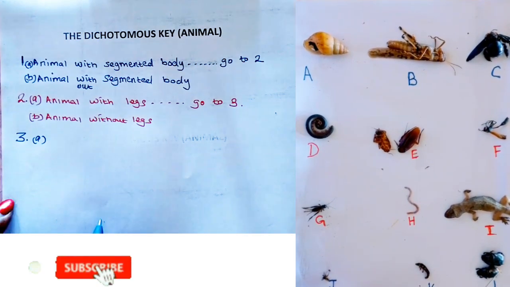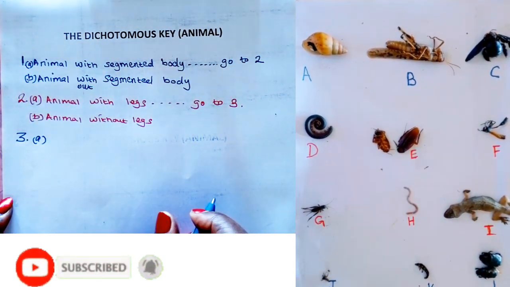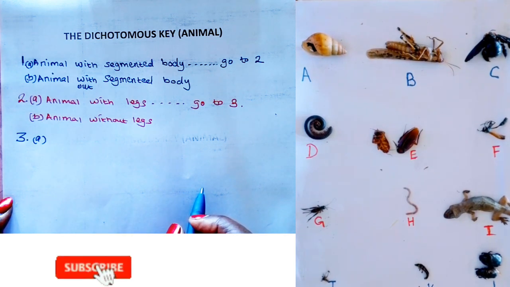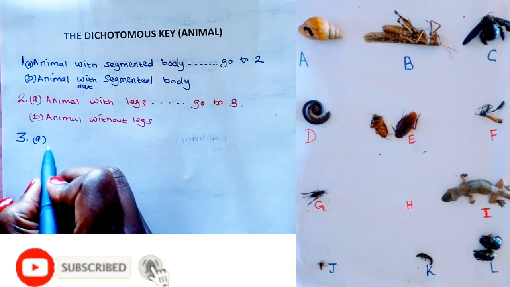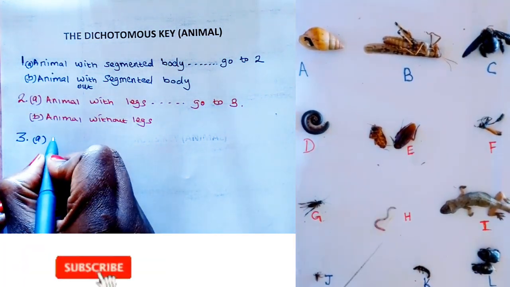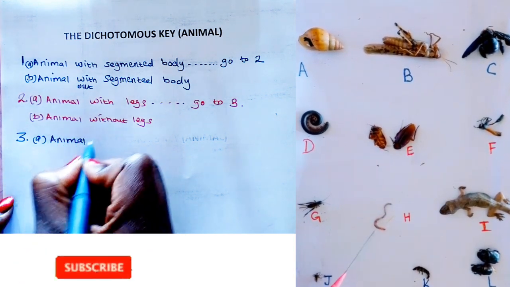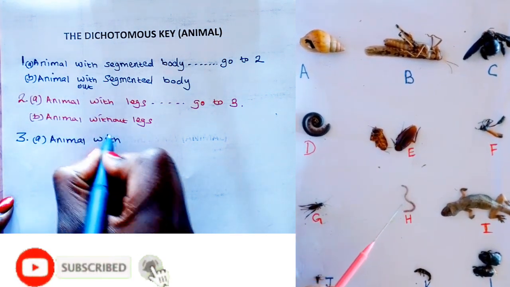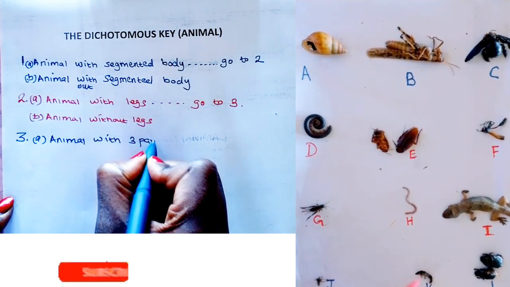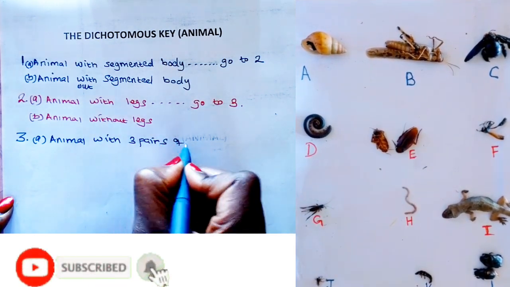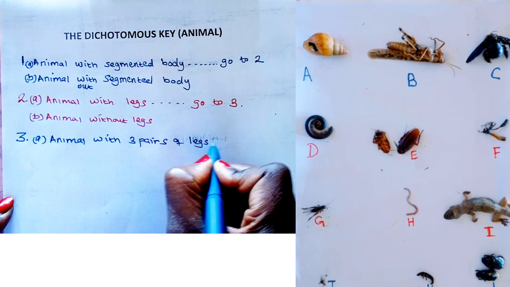Yeah. So we'll deal with that later. So animals with 3 pairs of legs. We know there are many.